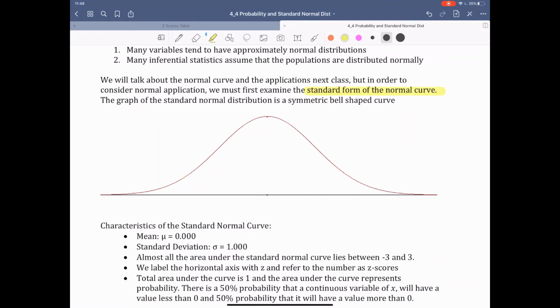Okay, so here's a graph of the standard normal distribution, and you can see that it is a symmetric bell-shaped curve. We have various values of z. Sometimes people consider them values of x, but we're going to use z to refer to the horizontal axis on your standard normal distribution.